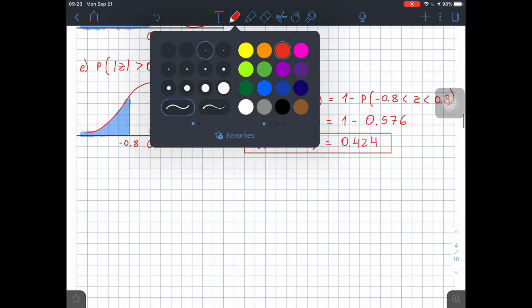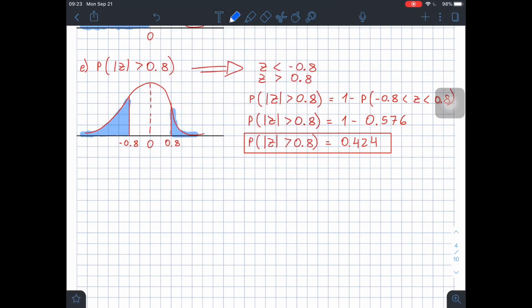That means that if I want to find the probability of each of these regions independently, I would have to divide this number by 2. 0.424 divided by 2, that's 0.212. That means that this is 21.2% of the information, and this also represents 21.2% of the information.